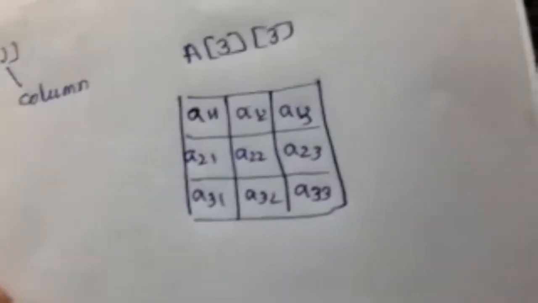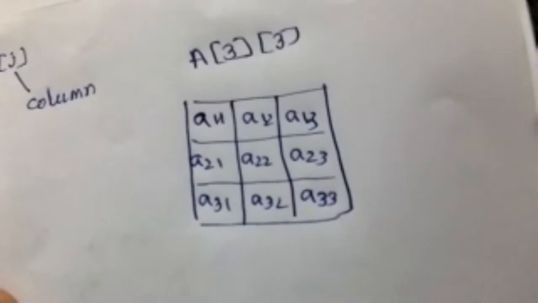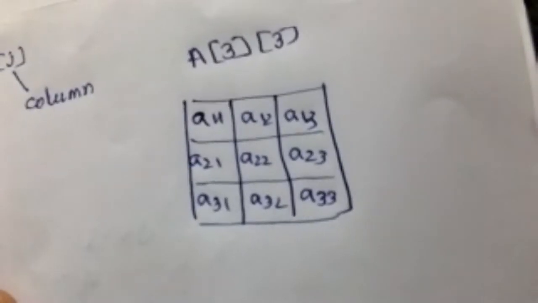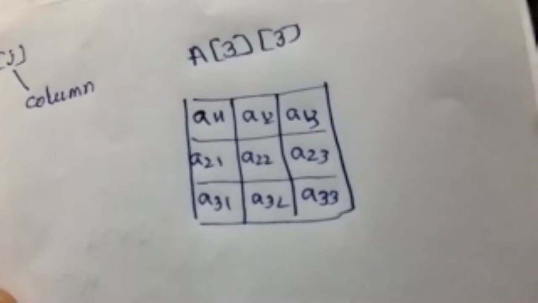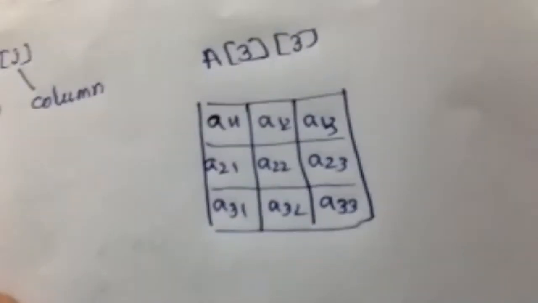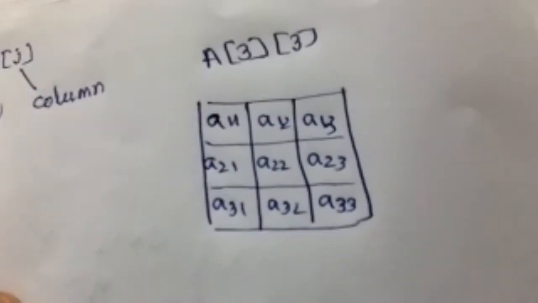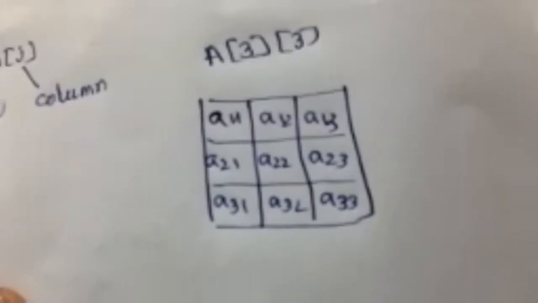In single dimensional, it should be A1, A2, A3, A4 likewise. But here it should be A11, A12, A13, then A21, A22, and A23.